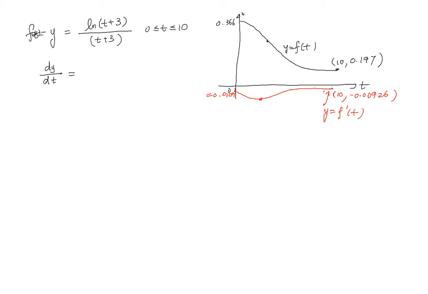So the minimum point is 1.482. And this is negative 0.249. Okay. So I told you already, from here, I can find when it is decreasing at the greatest rate.